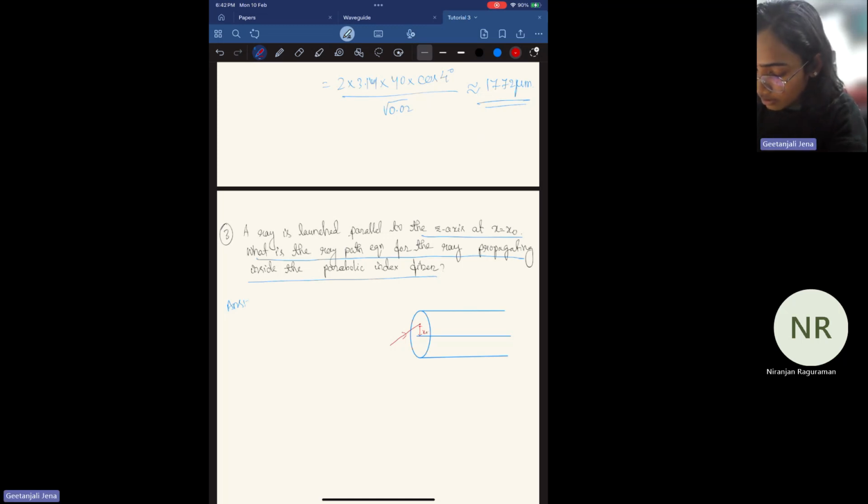If you recall, we have n square x equal to n1 square times (1 minus 2 delta x square by a square). So dn square by dx is minus 4 delta n1 square x by a square. So we have the ray path equation.